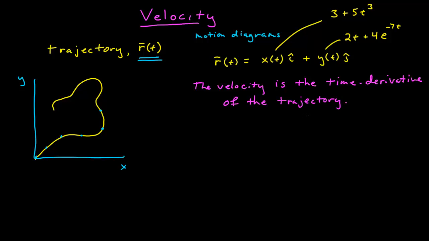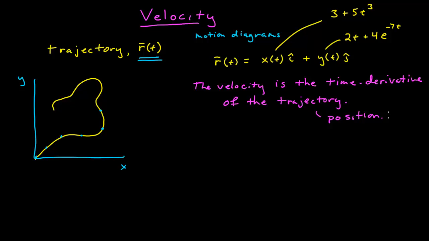Now, we often call the trajectory the position. It's really just another word for it. The position function of time is the trajectory. So you can say the velocity is the time derivative of the position.